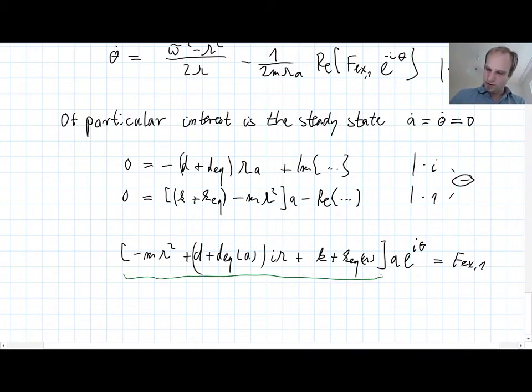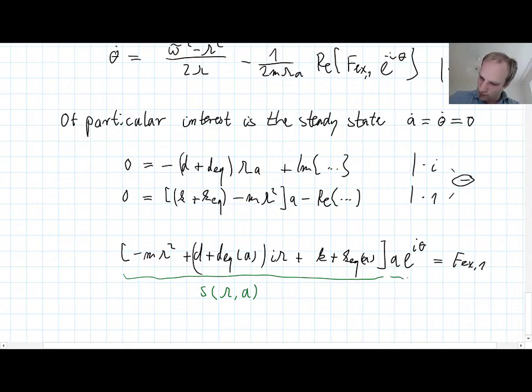This is really a term that I know from linear theory, but it is now in its nonlinear extended form because it involves the nonlinear equivalent damping and stiffness. This is the dynamic stiffness actually, S of omega. It is in the linear case, and in the nonlinear case we also have an amplitude dependence.